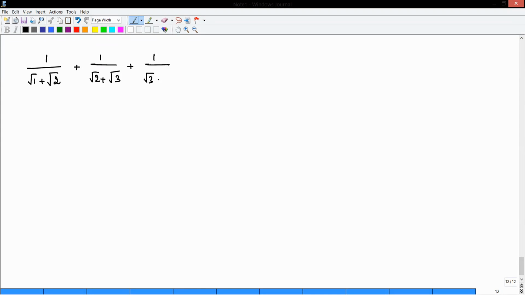Root 3 plus root 4. Root 99 plus root 100. How do I write it after rationalization?